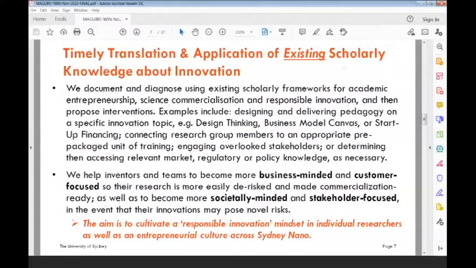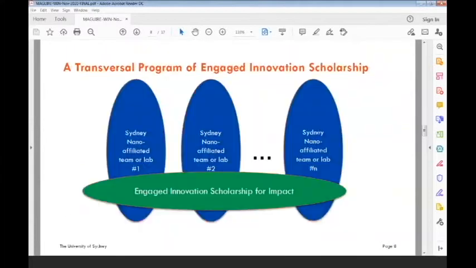And in the event that the technologies may pose novel risks, to make inventors and scientists more societally minded and stakeholder focused. Cultivate a responsible innovation mindset and an entrepreneurial culture across Sydney Nano. So we engage with multiple teams or labs that are affiliated with Sydney Nano.